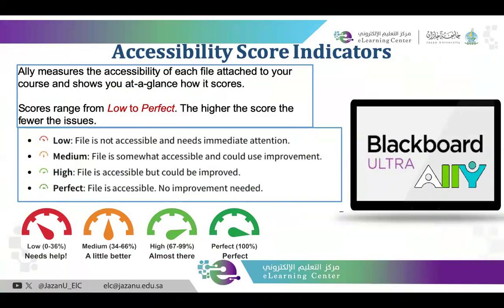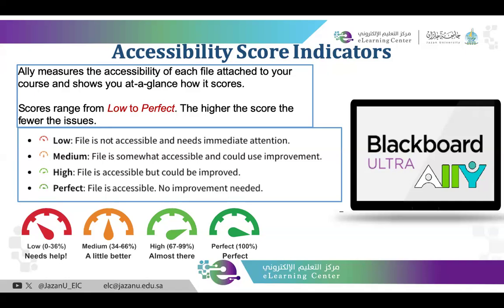Scores range from low to perfect. The higher the score, the fewer the issues. What does this mean? If the indicator is low, the file is not accessible and needs immediate attention. If it's medium, it means the file is somewhat accessible and could use improvement. And if high, the file is accessible but could be improved.